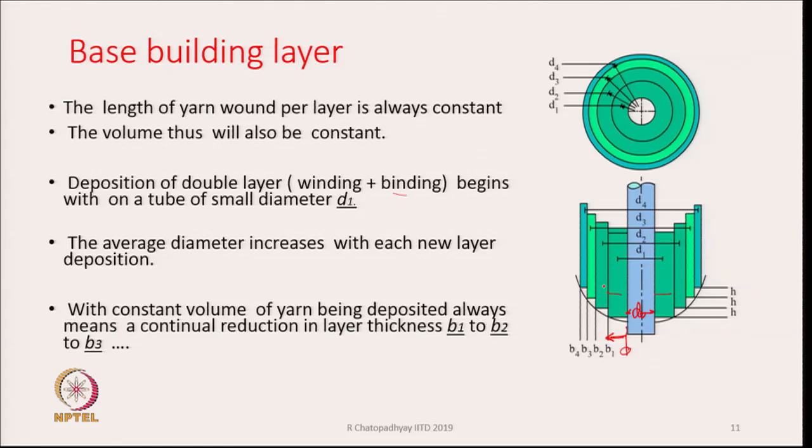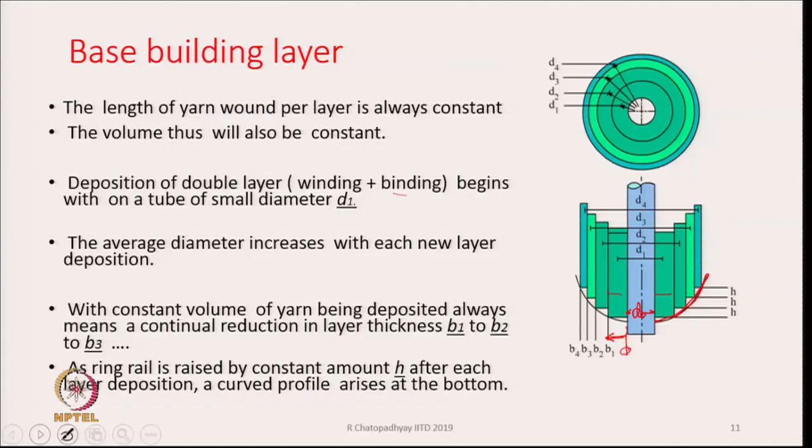And what is happening as a result of that? If I join these by a line as shown here, the outline looks like a curved line, and hence we get a base which is curved in nature.